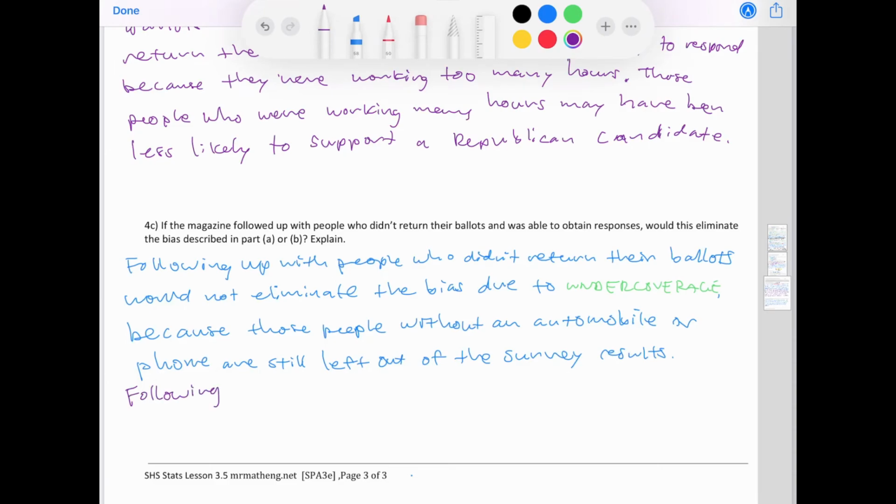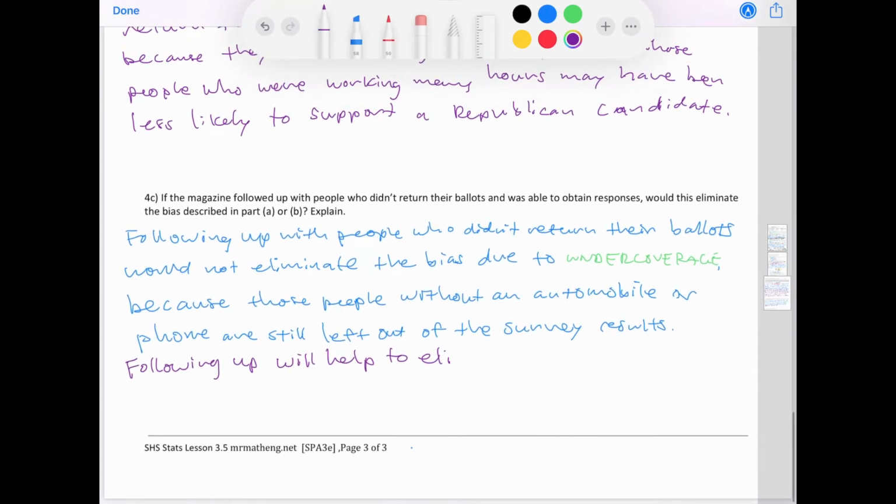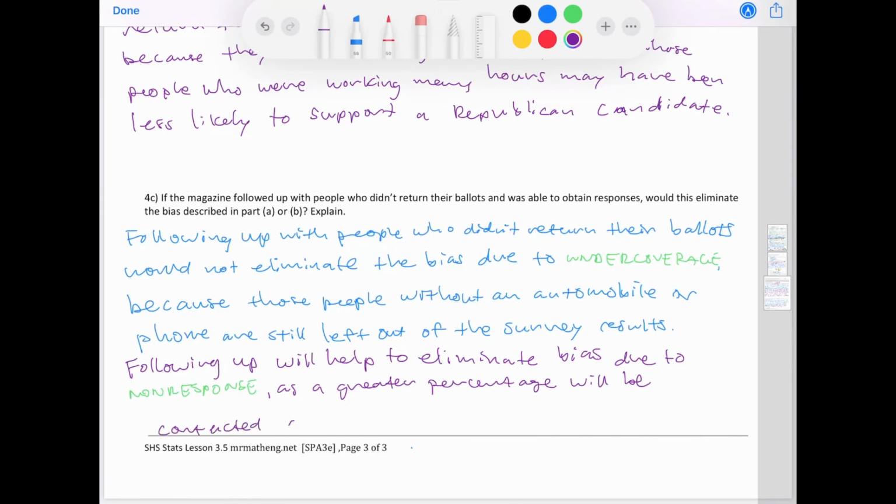Following up will help to eliminate bias due to non-response, as a greater percentage will be contacted and surveyed.